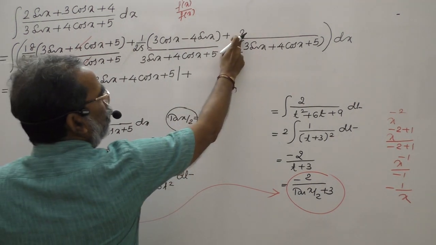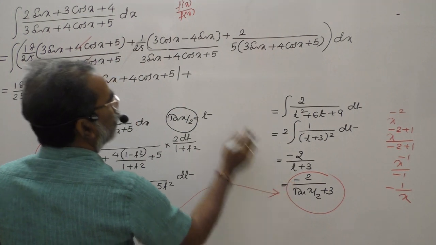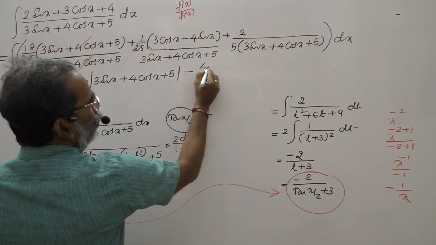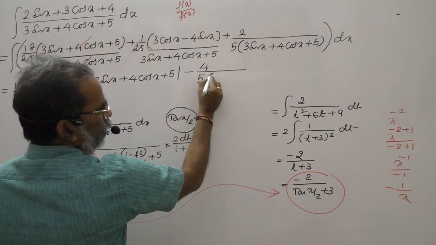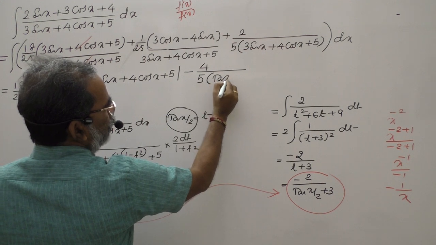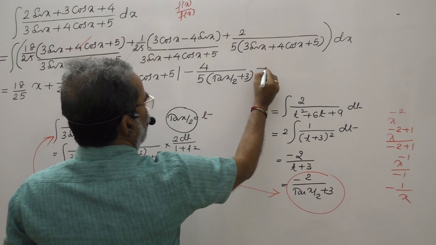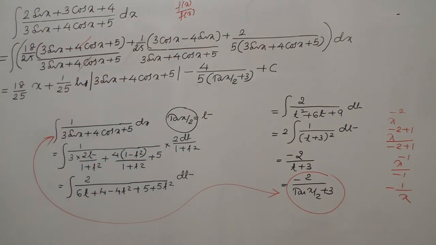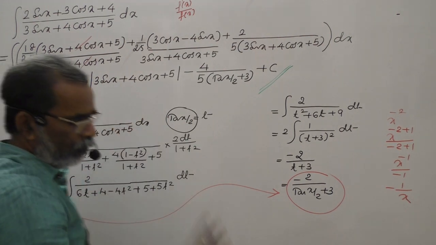So already here we have 2 by 5 into the integral of this, and 2 is already there, so 2 into 2 becomes 4 by 5 into the denominator tan x by 2 plus 3, plus c. This is the answer for this question.